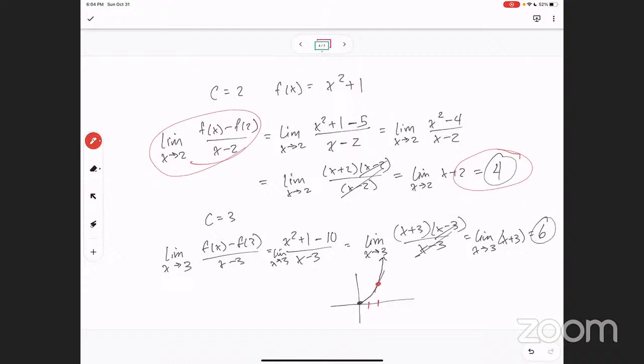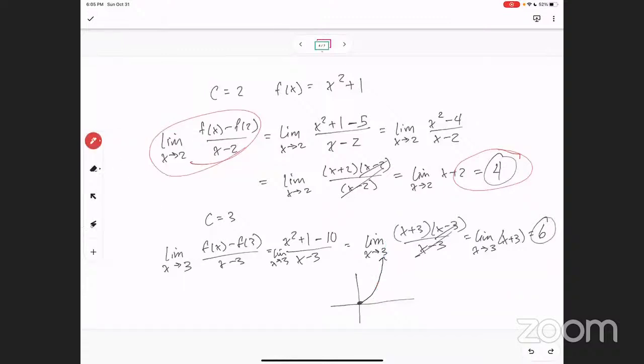It's basically the tangent line. The slope of the tangent line is 4. But if I go to the x value of 3, look how much farther up I'm on my graph. And what's the tangent line going to be? It's going to be steeper. See what I'm talking about? Let me make that a little bit clearer.